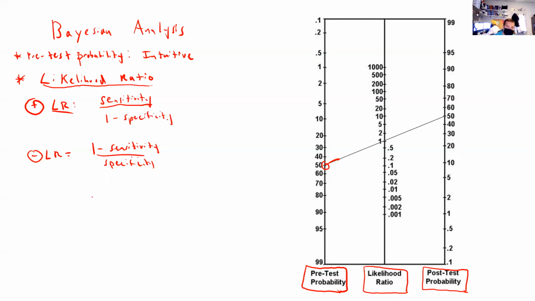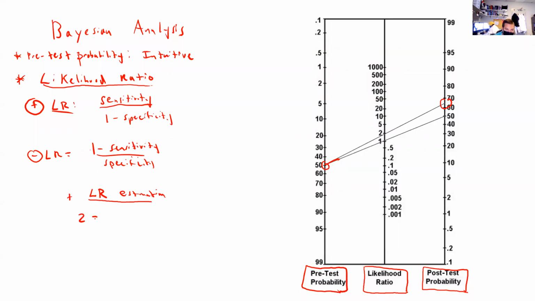So let's do the other likelihood ratios. This is the way that you incorporate it: you take that likelihood ratio and use an estimation. The estimation used is that a likelihood ratio of 1 doesn't do anything. A likelihood ratio of 2, see it went up to about 65%.